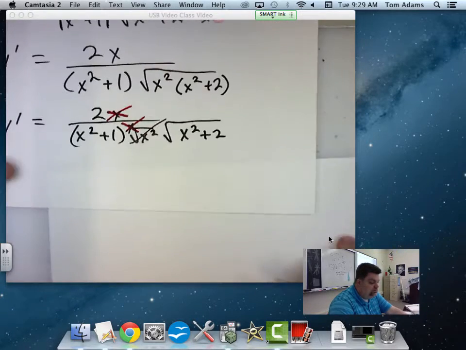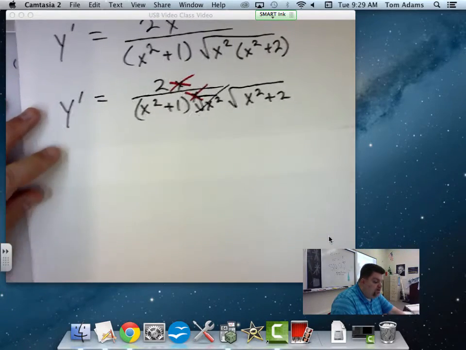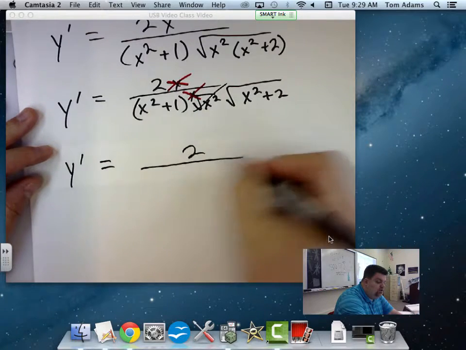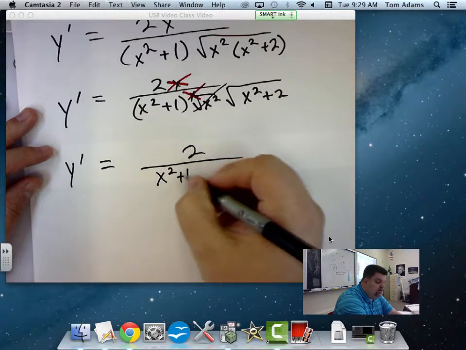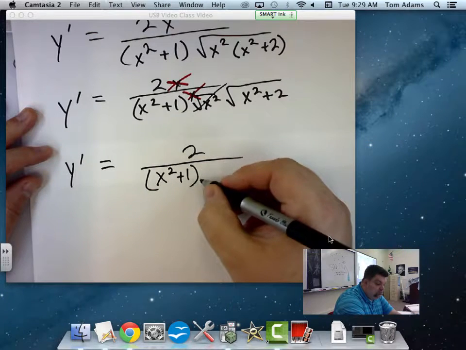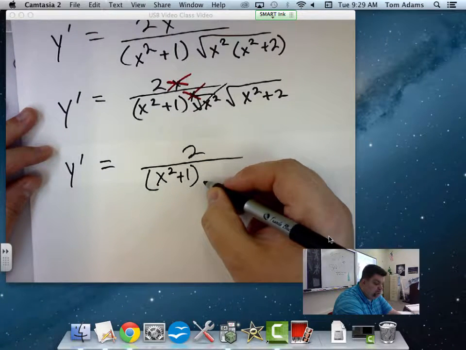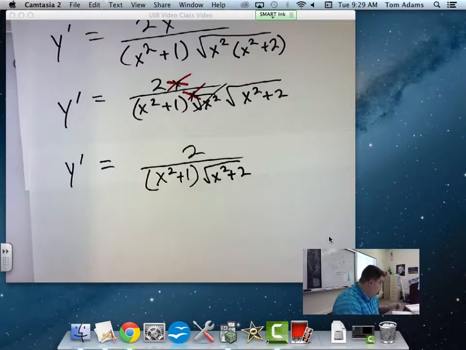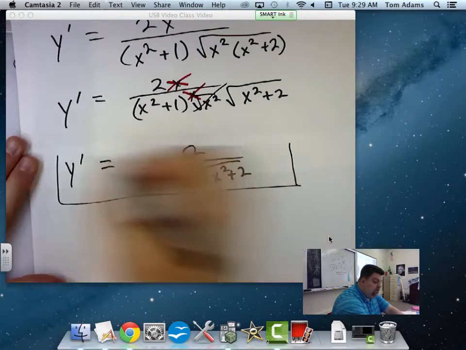Okay? So then y prime is equal to 2 over x squared plus 1, right, times the square root of x squared plus 2. And guess what? That's the answer in the back of the book.